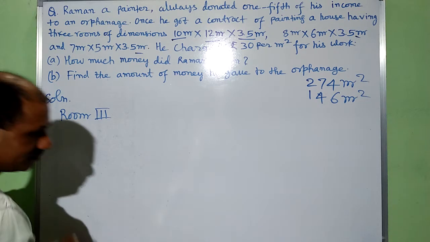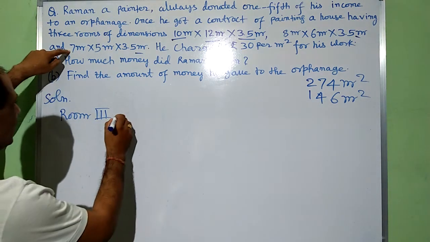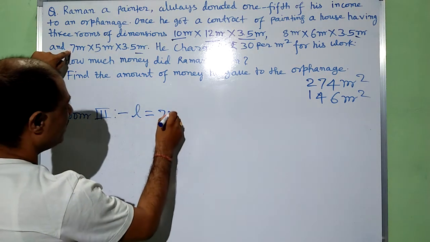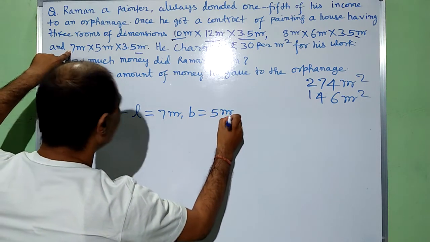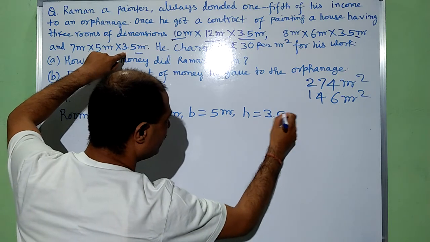Room 3. Its dimensions are like this. L is equal to 7 meter, B is 5 meter, H is 3.5 meter.